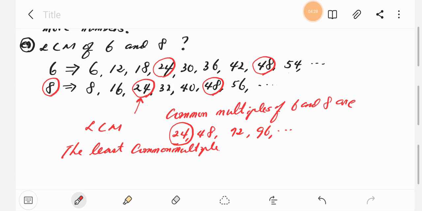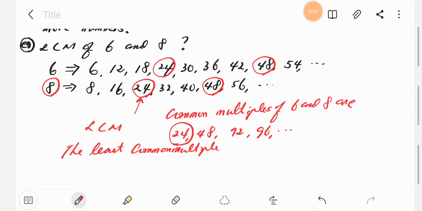If 8 is not a multiple of 6, get the next multiple of 8, which is 16, and check 16 with 6. If 16 were a multiple of 6, it would be the LCM. But since it is not, find the next multiple of 8, which is 24.